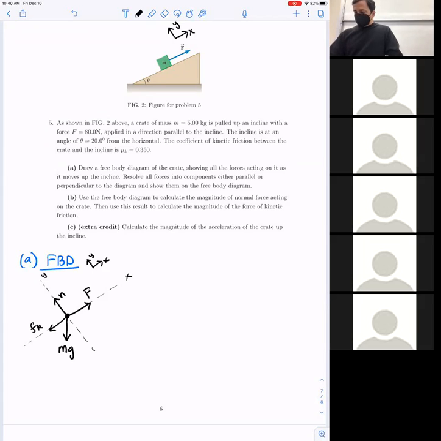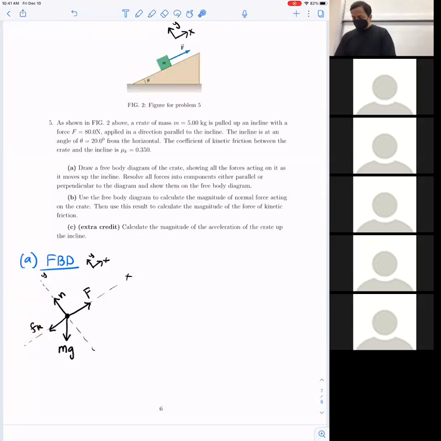So again, you can see in this picture, we've answered the first part of this A. We have drawn a free body diagram with all the forces identified. The second part says resolve all the forces into components either parallel or perpendicular to the diagram and show them on this free body diagram. So we want to resolve all these forces either along x or along y.